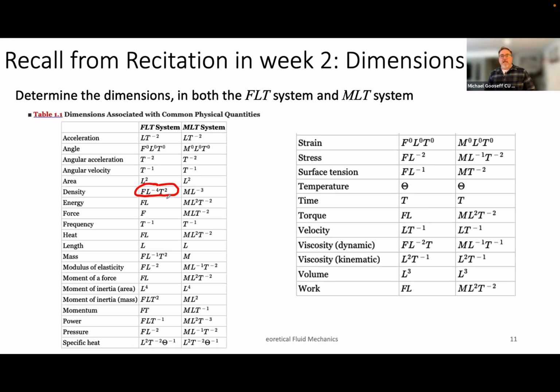And really that's because we're trying to get mass out of this, and to get mass equivalence to force, we have to go through acceleration to do that, right? On the other hand, density is very easy to represent in the mass system, mass per length cubed. Right, so all of these exist. Force exists as just F. Force also exists as ML per T squared. Right, so we're going to use these dimensions when we're working through the Buckingham Pi theorem.